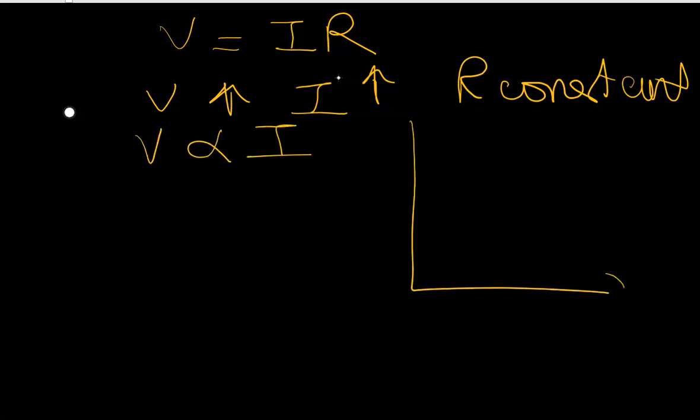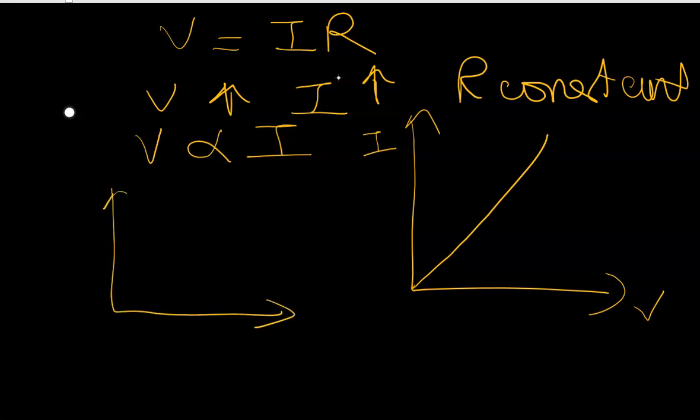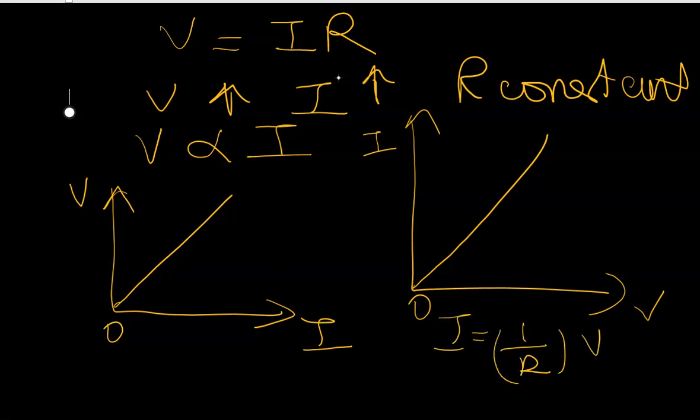Now normally we could show an IV graph, right? And it will be a straight line. Or I could show a VI graph, and that is also a straight line from the origin. Now if I represent I as the subject of the formula, it's 1 over R multiplied by V. So this could be in the form y is mx plus c.